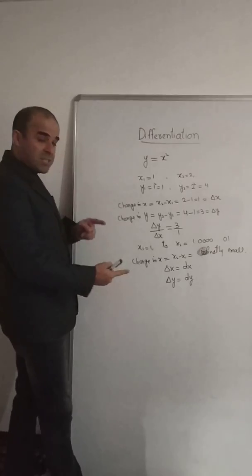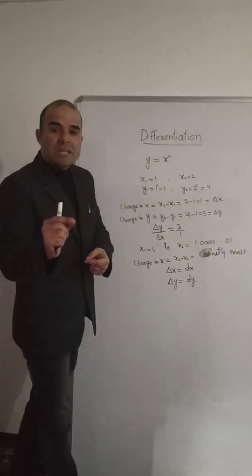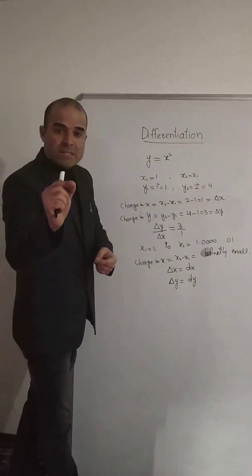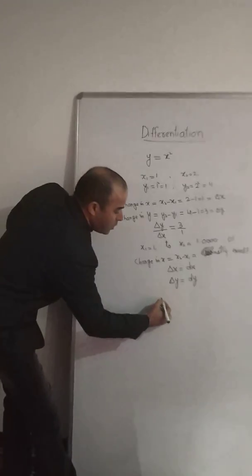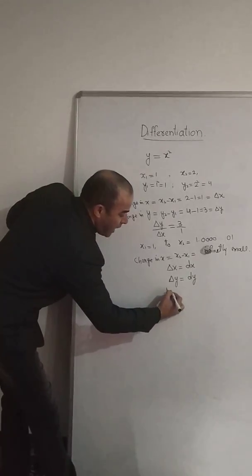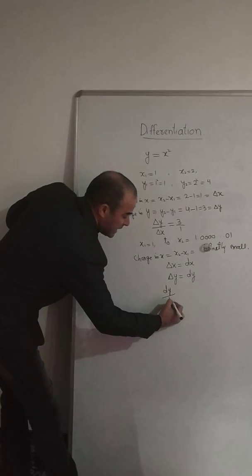Now, the change in y when there is an infinitely small change in x will be denoted by dy divided by dx.